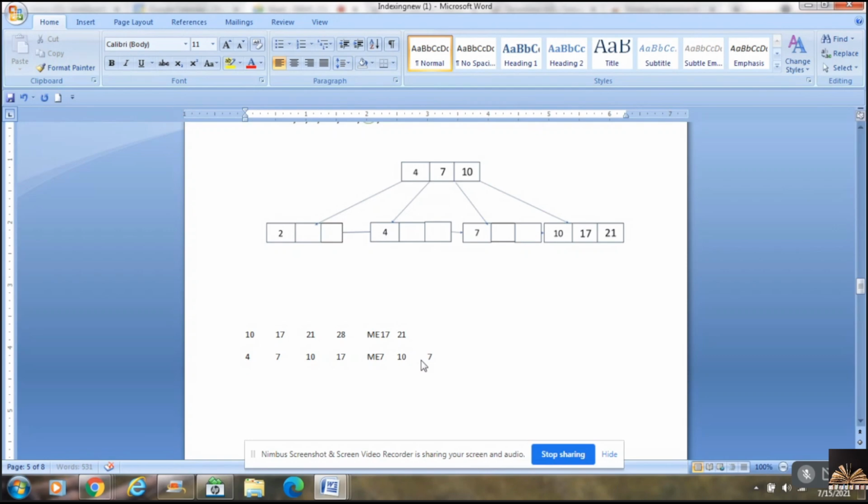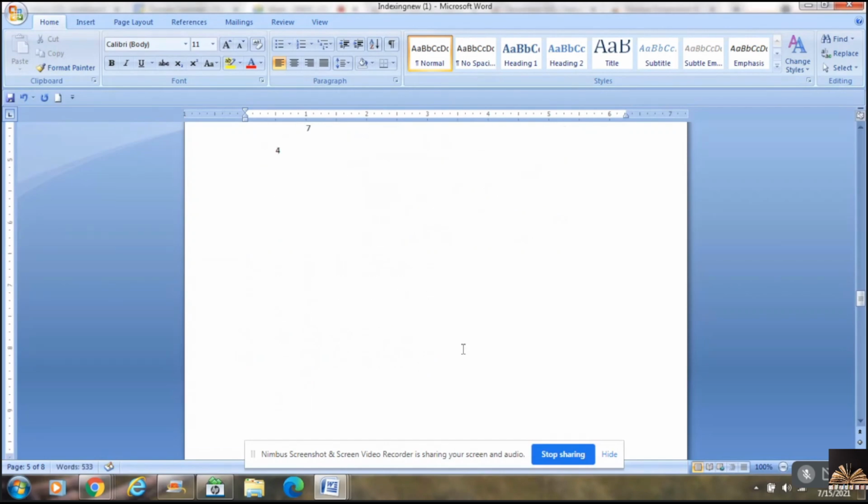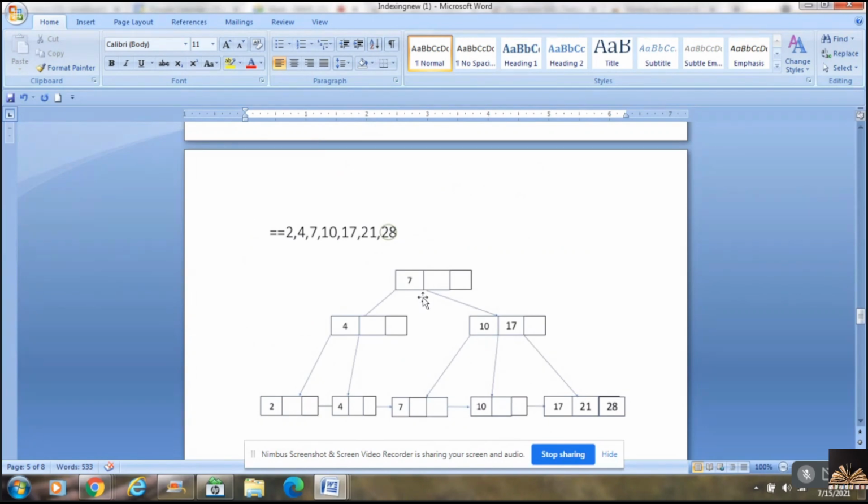Now what will happen here? Whenever I push 7, towards the left of 7 I'll have elements that are lesser than 7, and here I will have elements that are greater than or equal to 7. Because these are the keys, it is not necessary that I have all the elements. These are the keys only, these are the pointers.